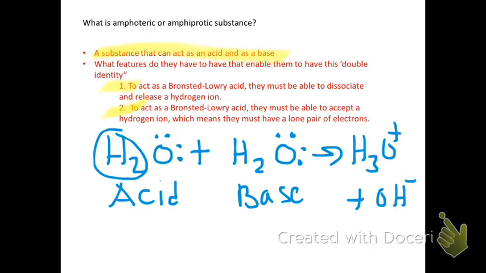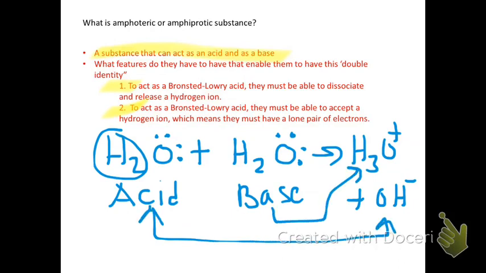Alright? So in this case our acid is going to become our base, and the base is going to become the acid. We have our acid, which is the hydronium ion, and the base, which is the hydroxide ion. And we have our acid-base conjugate pairs here. And so water can act as an acid and base here. Very important for you to understand this reaction.